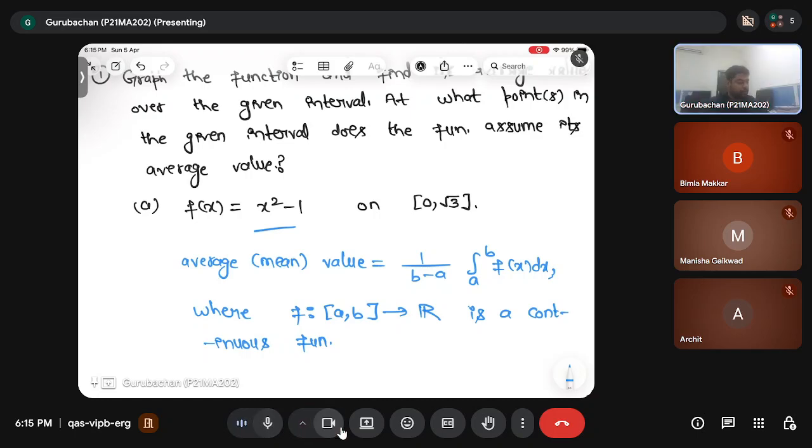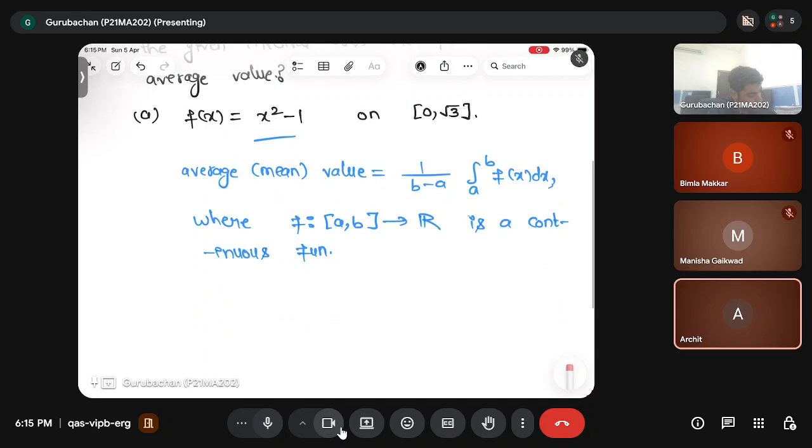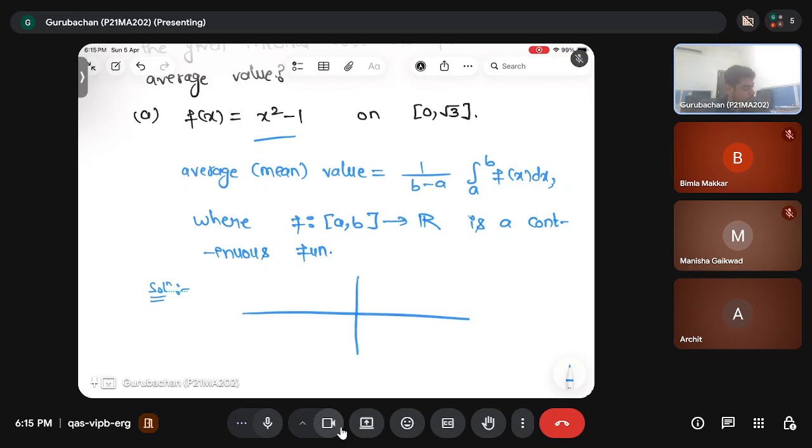What is the graph of this function? Upward parabola. And where will it cut? Roots are 1 and minus 1.